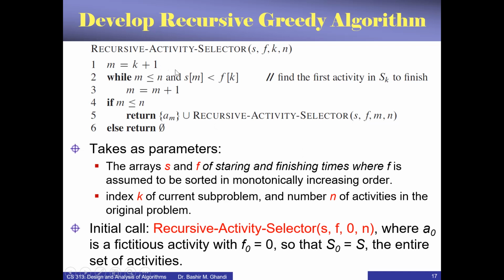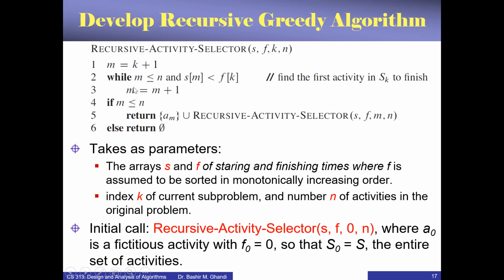Now let us look at the code. It defines a variable m initially equal to k plus 1. Since k initially is 0, the first value of m is actually 1. So let's look at the loop.